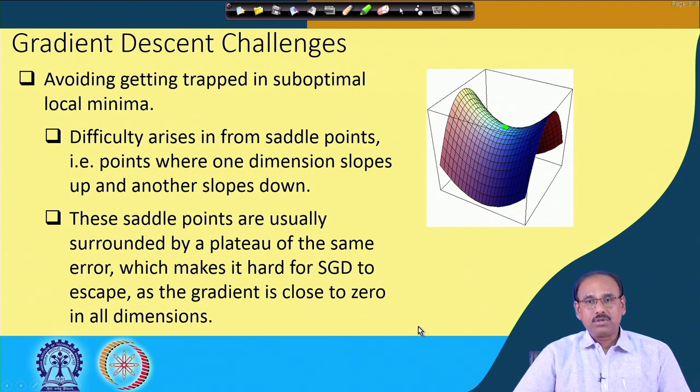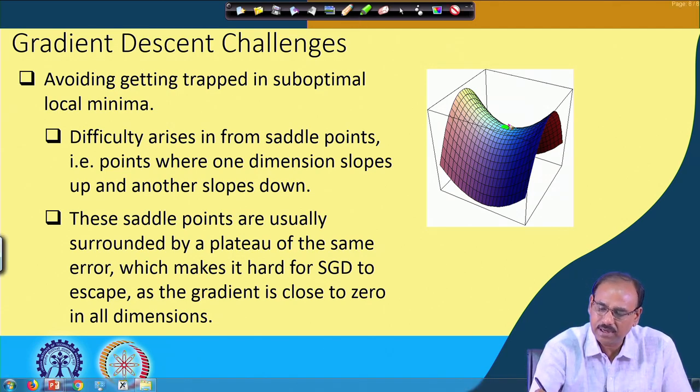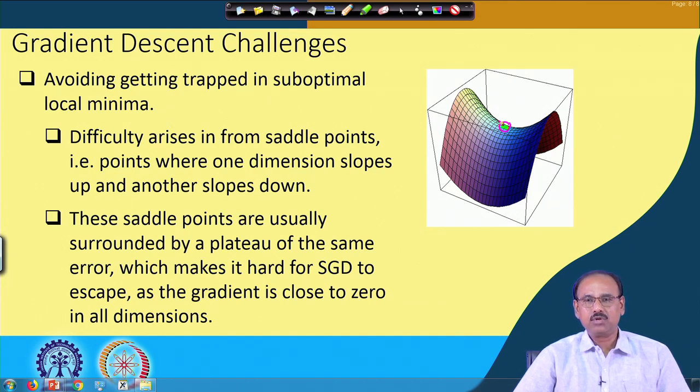The other problem, which is also very, very challenging, is that my algorithm may be trapped in suboptimal local minima, particularly if the error surface has a saddle point, something as shown in this diagram, say as over here. So what are saddle points? Saddle points are points on the surface where in one dimension the slope rises, whereas in another dimension the slope goes down.